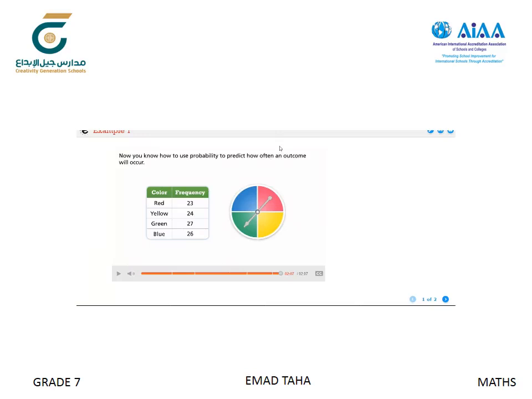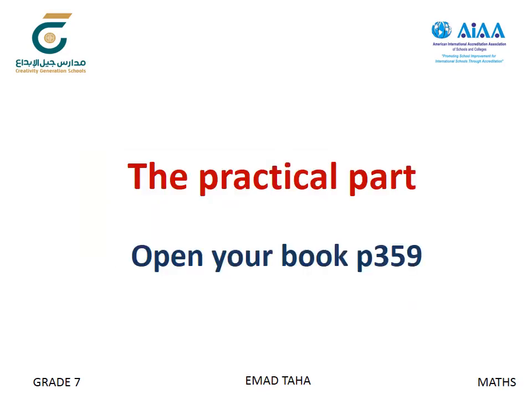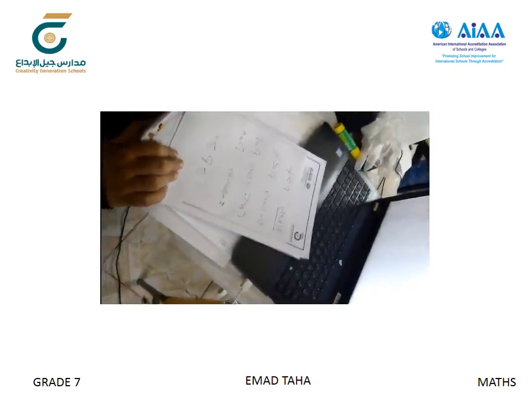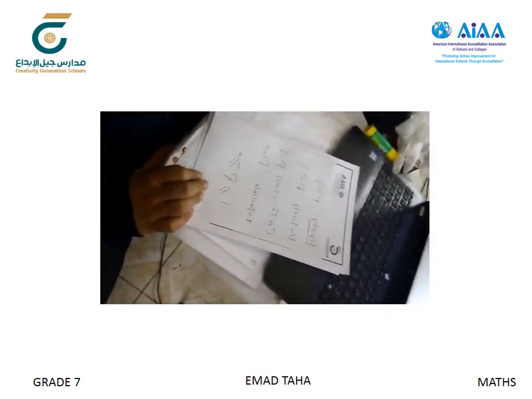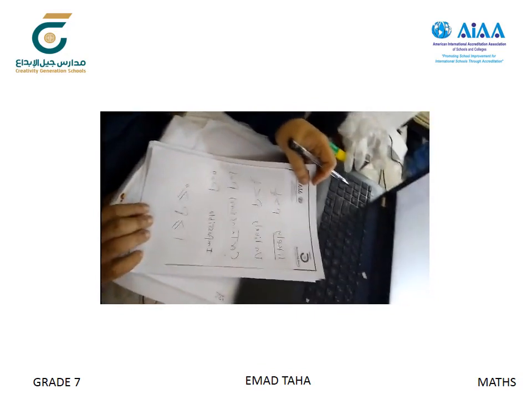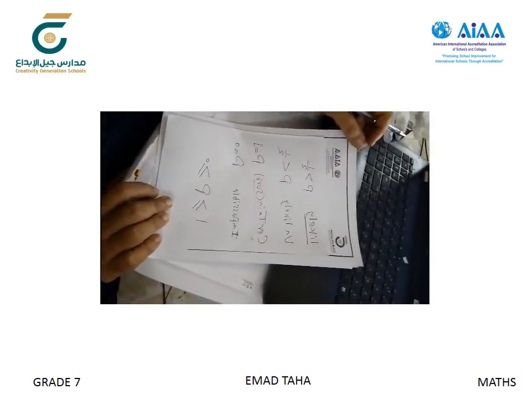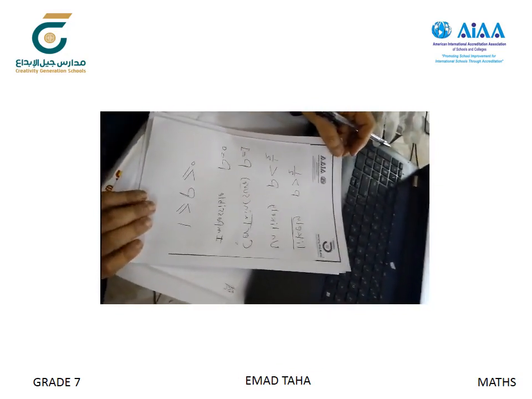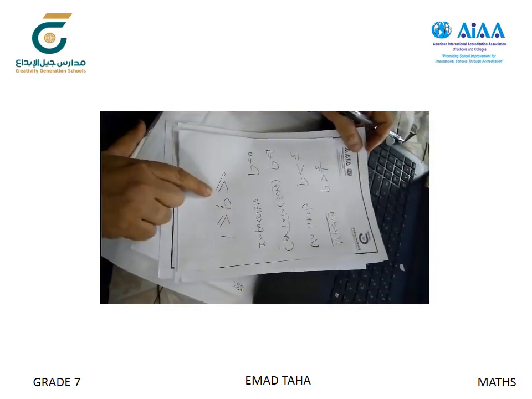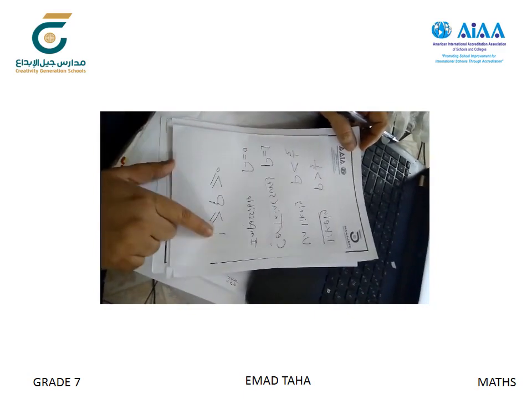Now we will go to the practical part for more understanding. Now you must know 4 important definitions. The first one, the probability. The probability may be 0 or 1 or any number between 0 and 1.